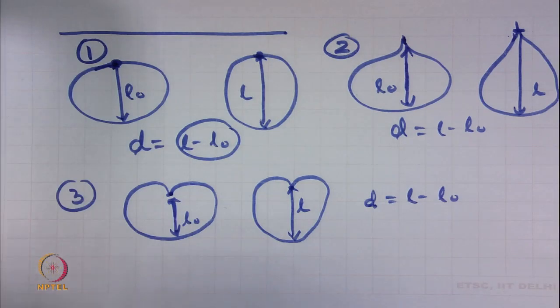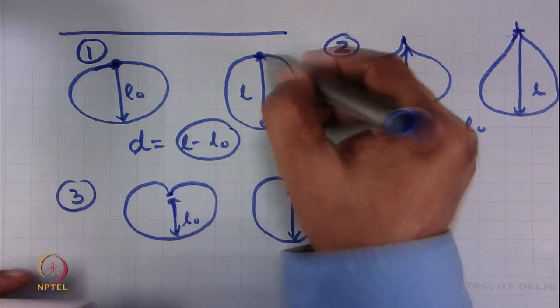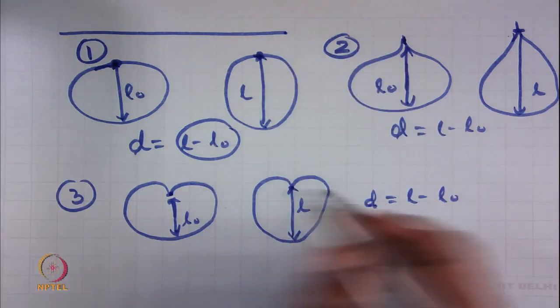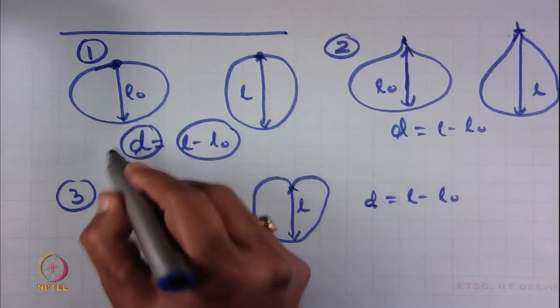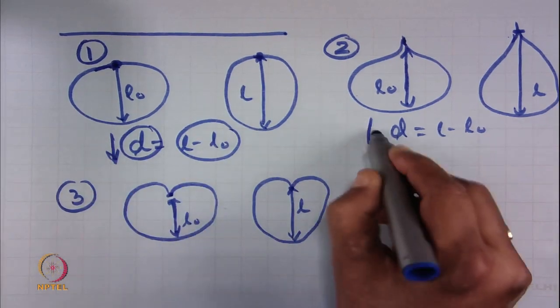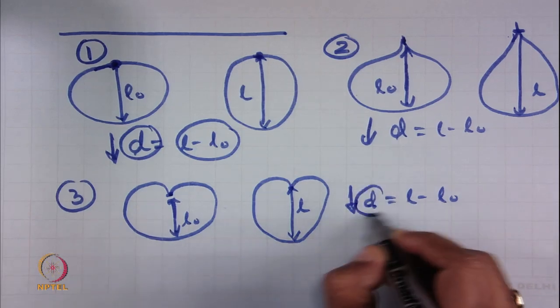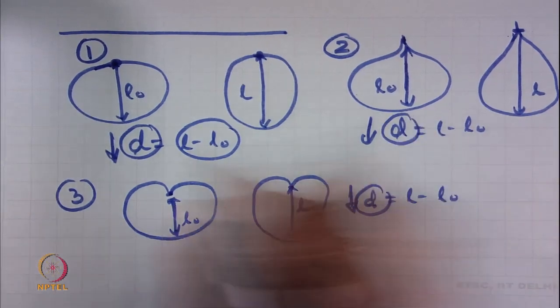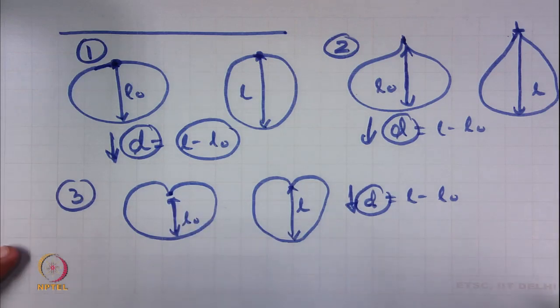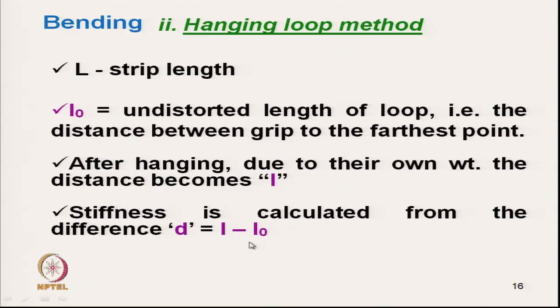Which means the stiffer the fabric, the deformation will be lesser. So, D will be lower for stiffer fabric. So, depending on the D value, we can calculate the stiffness of the fabric. So, D is the difference between L and L0.